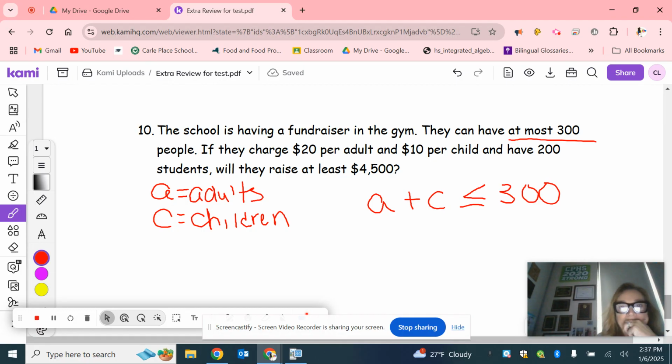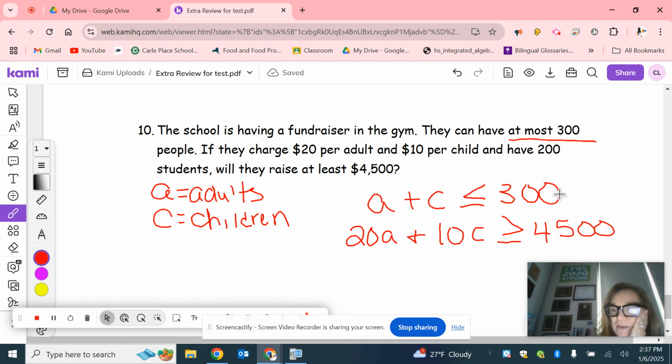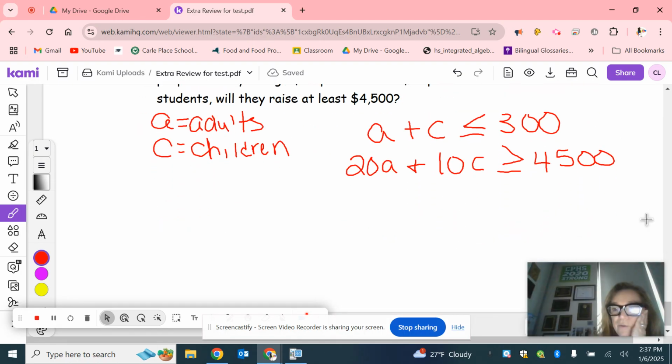Okay? Now, if they charge $20 per adult plus $10 per child, will they raise at least $4,500? Okay, so now they're saying, well, there's 200 kids, so will this make enough money? So I'm going to plug that 200 kids in. So that means adults plus 200 has to be less than or equal to 300.